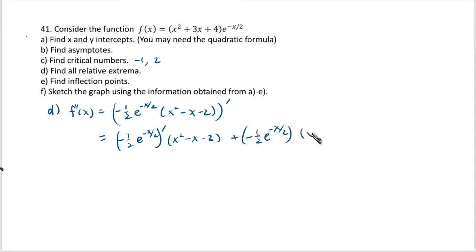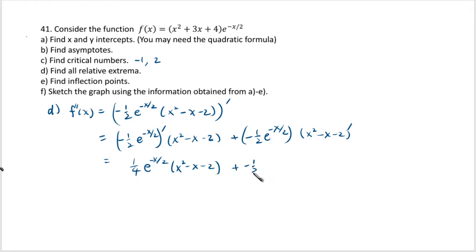Times (x squared minus x minus 2) prime. This, we did just a moment ago when doing the f prime. So we know that the chain rule makes the same thing, but then the derivative of the inside function will appear. The derivative of the inside function is negative 1/2. Negative 1/2 times negative 1/2 will be positive 1/4. So that's what we're going to get.